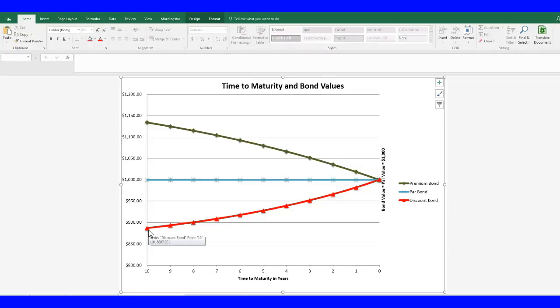So even though over the life of the bond the interest payments that you receive from purchasing this bond are less, you will get a capital gain because you purchased the bond for less than $1,000, and at maturity you will receive $1,000. So your profit or your gains on a bond are a combination of the interest payments and the capital gains. The capital gain being the difference between the purchase price and the maturity value of the bond.